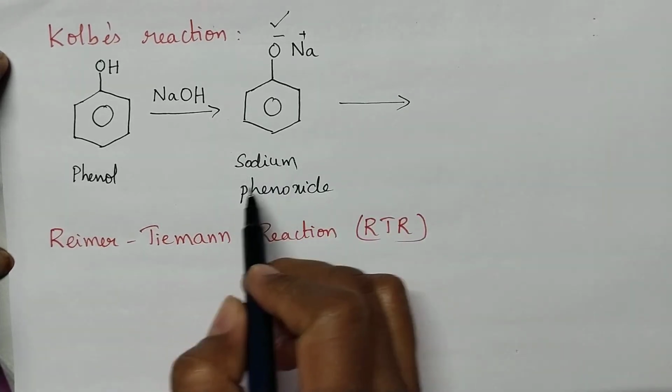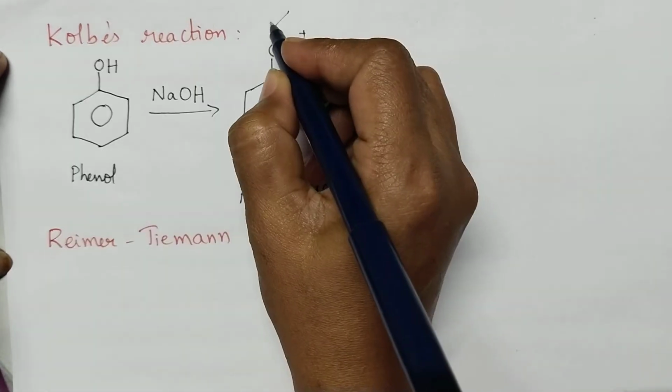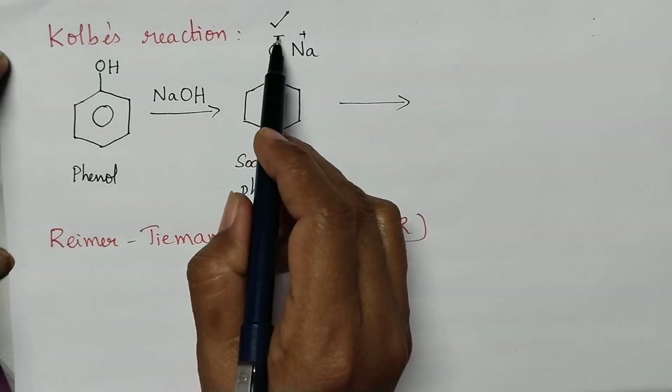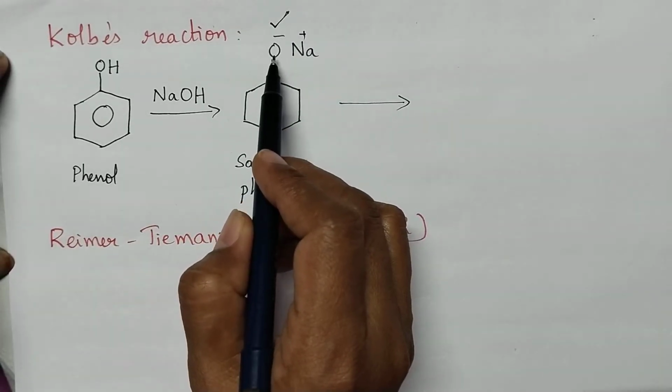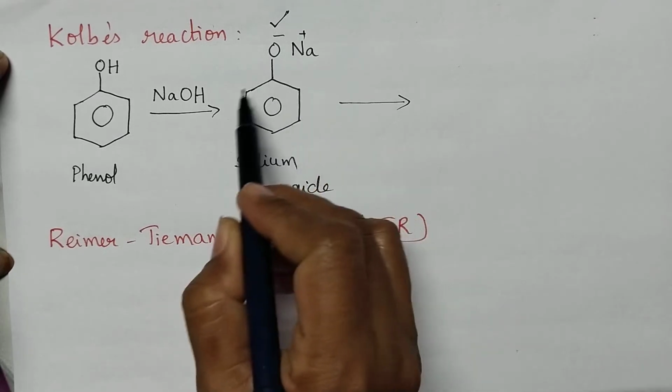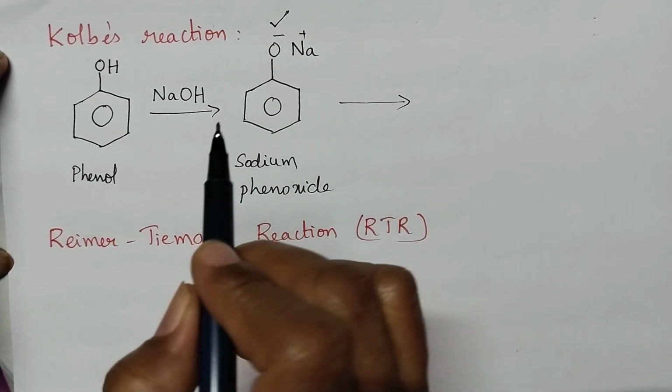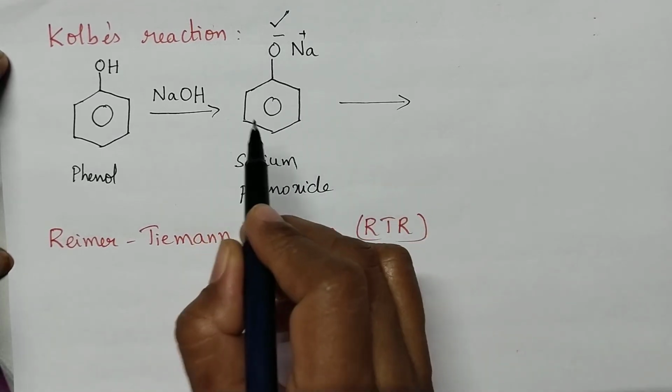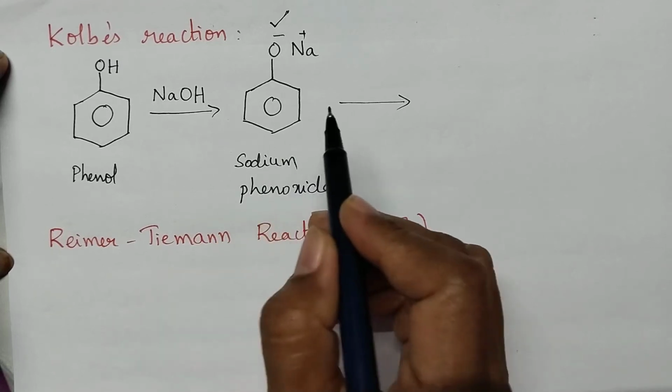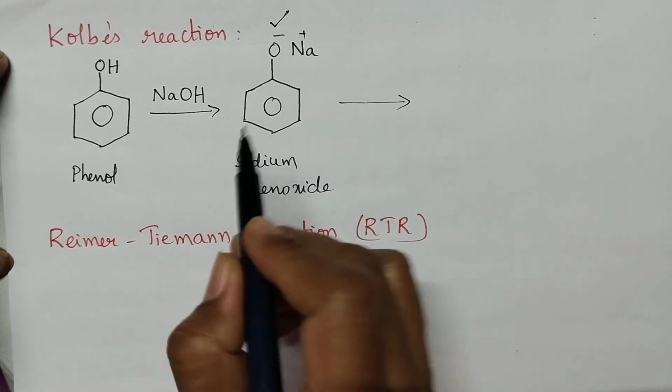Undoubtedly sodium phenoxide is highly reactive and carries a negative charge on the oxygen. That means this phenoxide ion acts as an electron rich species and hence easily undergoes electrophilic substitution reactions.